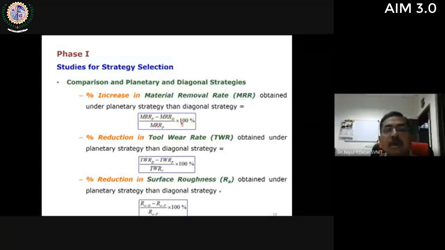Similarly, percentage reduction in tool wear and percentage reduction in surface roughness. So we need to carry out measurements for MRR, tool wear, and similarly surface roughness, that is average roughness Ra. These were measured and then compared.